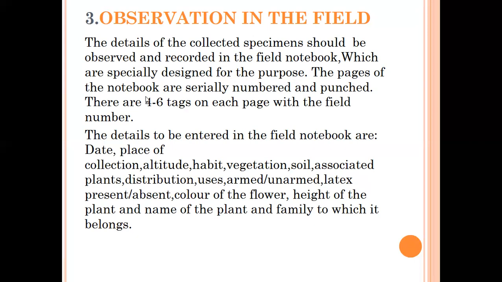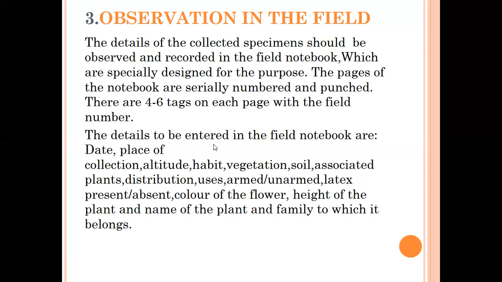The pages of the notebook are serially numbered and punched. There are 4 to 6 tags on each page with the field numbers. We compulsorily maintain the field notes in observation of the specimen.